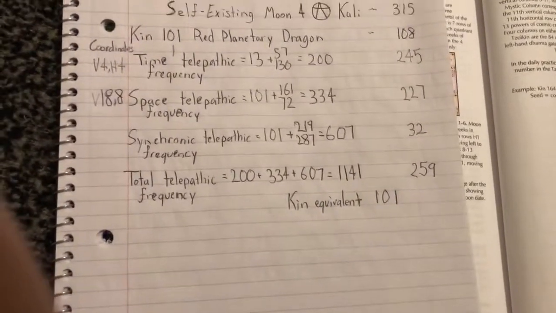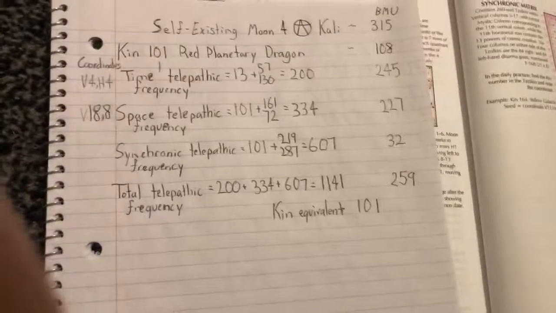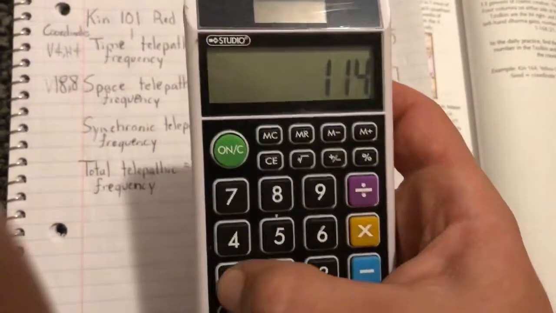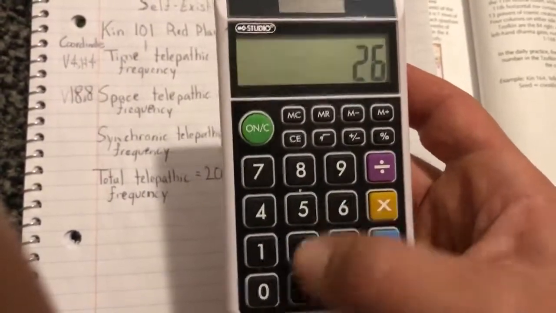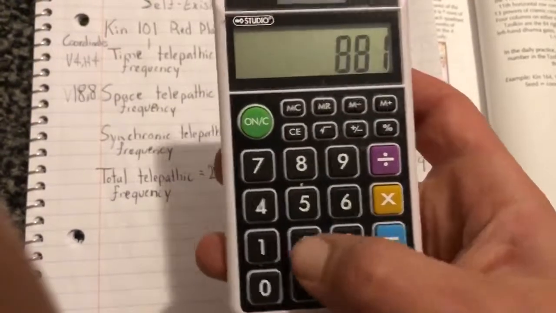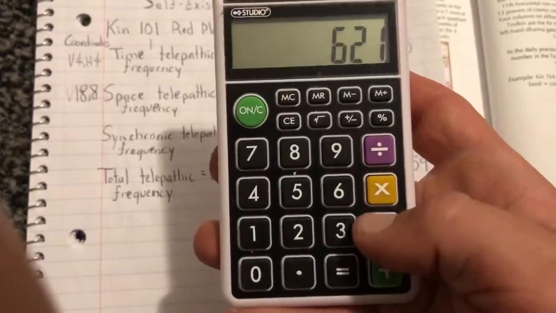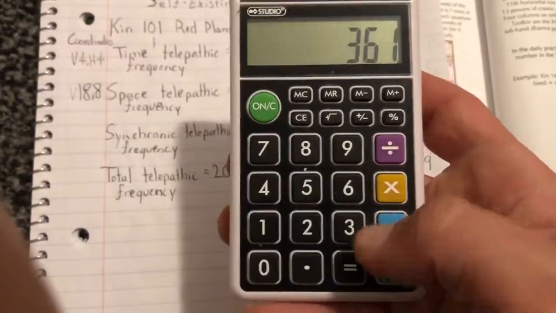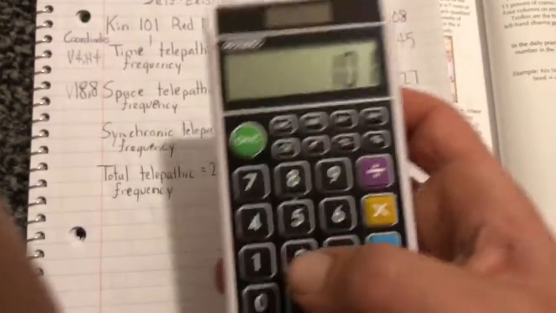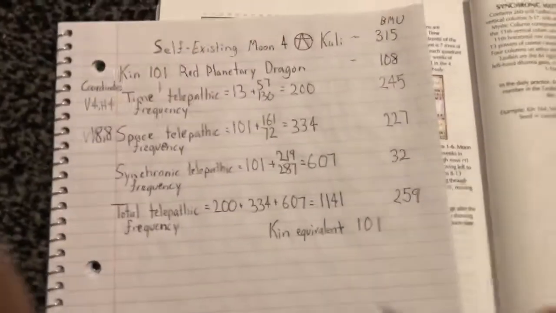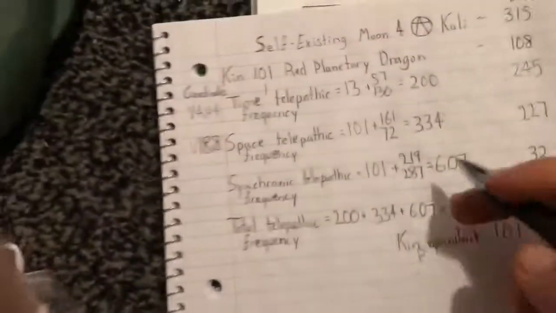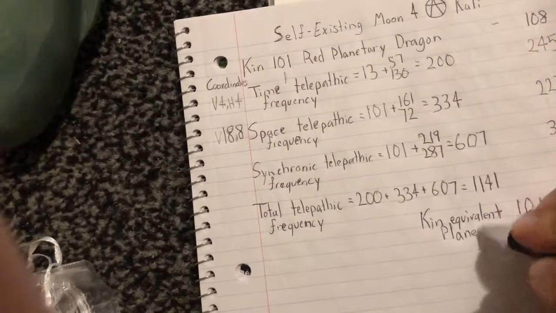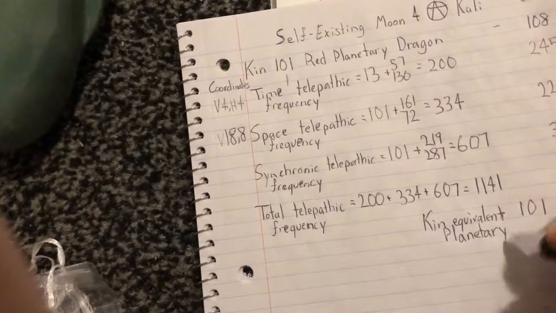For the kin equivalent, we take that number again, 1141, and we minus 260, because there are 260 galactic signatures. That gives 101. So, Red Planetary Dragon, or sorry, the house that it's in: Planetary House of the Primal Force.